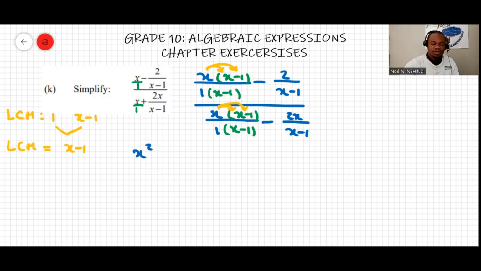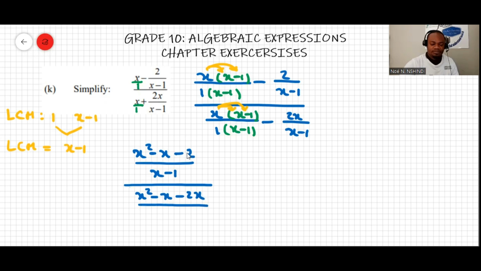I'll say x squared minus x, and then minus 2, all over x minus 1. We combine the two fractions, we expand this, and then we combine with the minus 2. All over, this is the main fraction line. I'll write here x squared minus x, and then minus 2x, all over x minus 1.